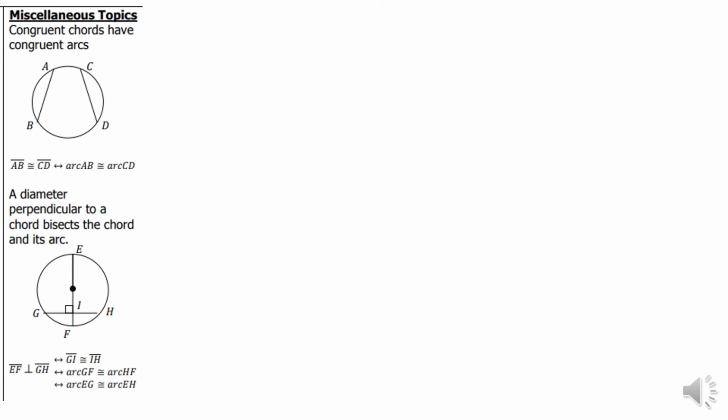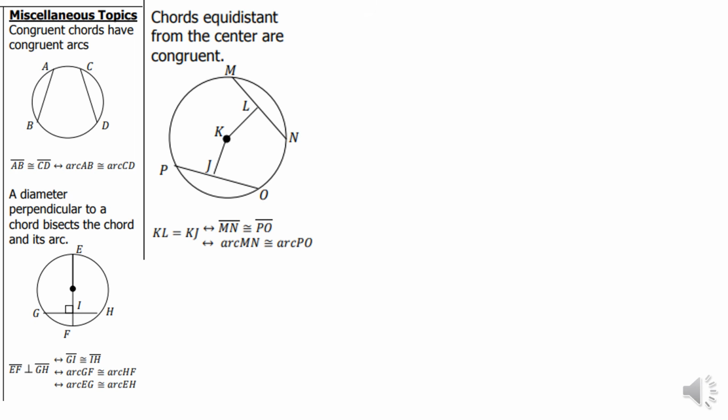Other random circle things that you need to know. If you have two chords that are congruent, the arcs that go around them are congruent. A diameter that is perpendicular to a chord will also bisect the chord and the arc. If two chords are congruent, they are the same distance away from the center.